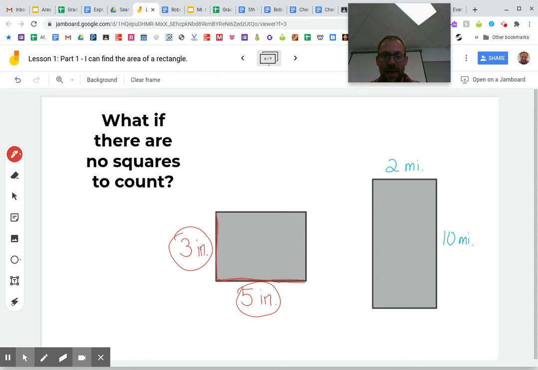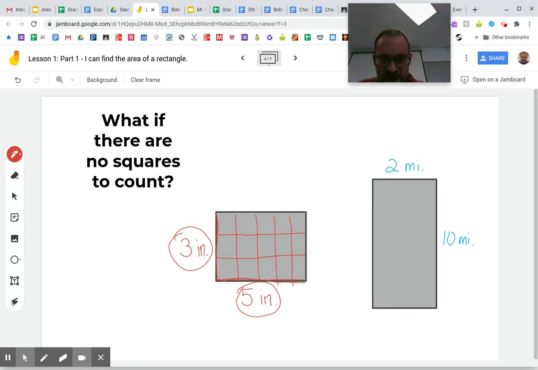The way we can begin to figure out the area is to draw those lines in. 3 inches means there's got to be 3 bars across like this, and 5 inches means there's got to be 5 bars across like this. These aren't very equal, but I get the idea.